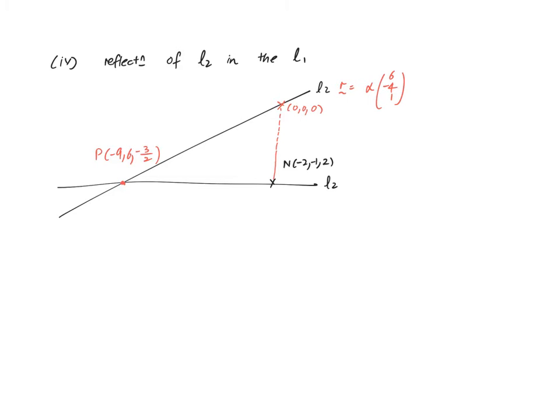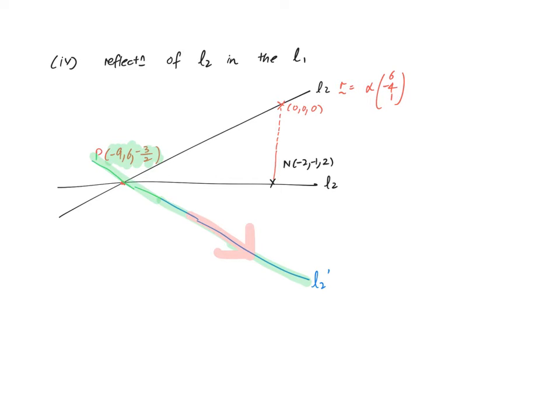We are looking for the equation of the reflection of line L2. Let's just call this L2 prime, the reflected line in the line L1. What I need for this particular line is a position vector, which I do have, and also a direction vector, which I do not have at the moment.